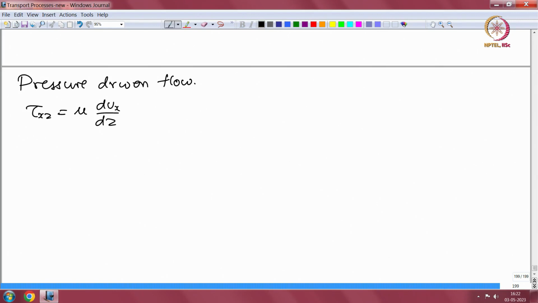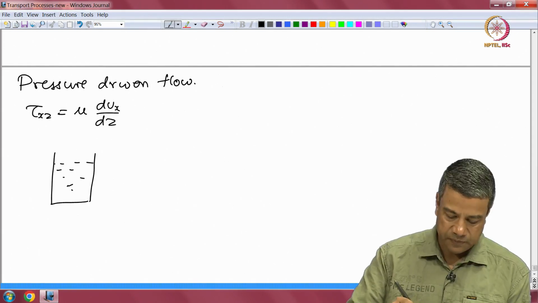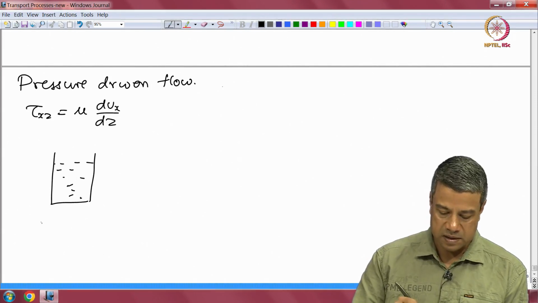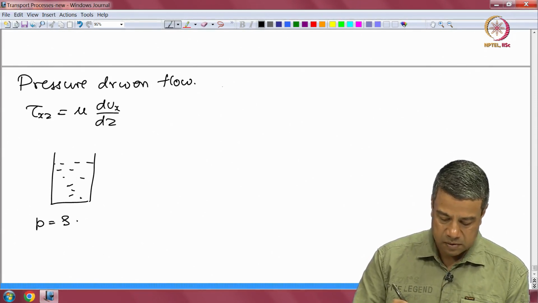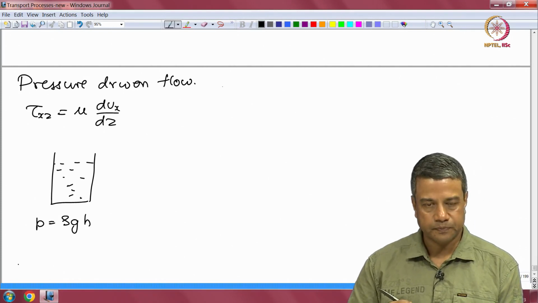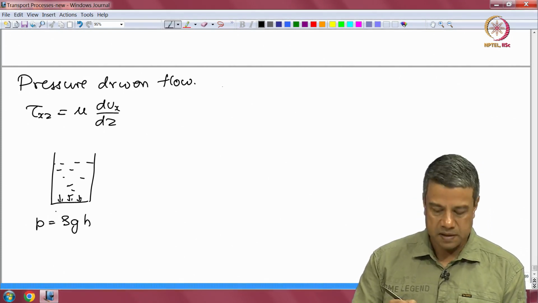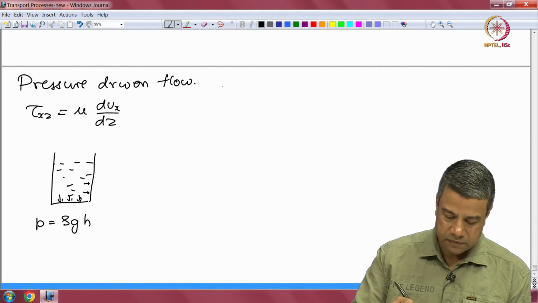So, even in hydrostatic conditions, if you had a certain level of water in a tank, you know that, for example, Bernoulli's law states that pressure is equal to rho g into h. This pressure acts on the bottom surface. It also acts on the surfaces on the side.